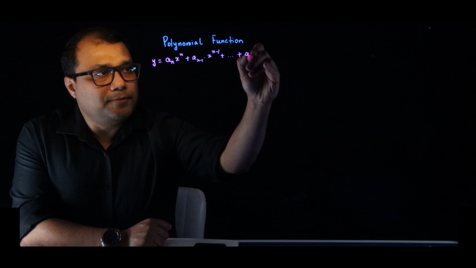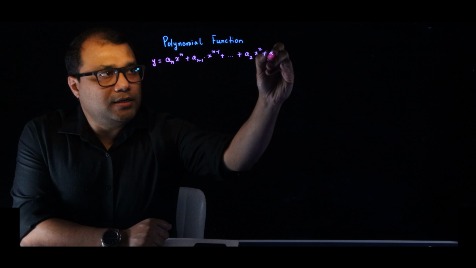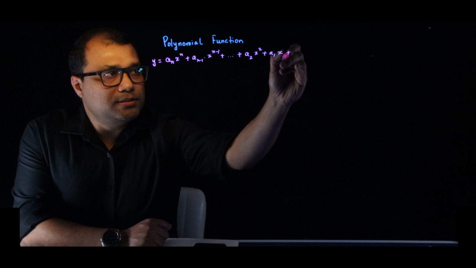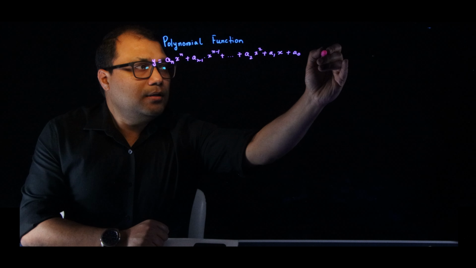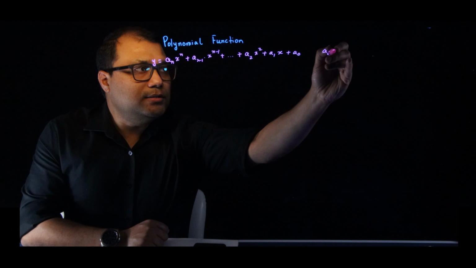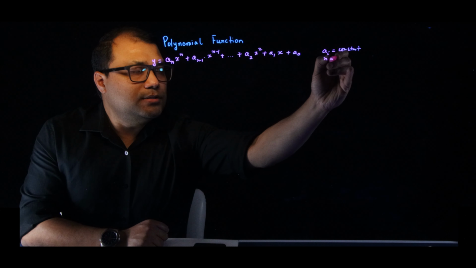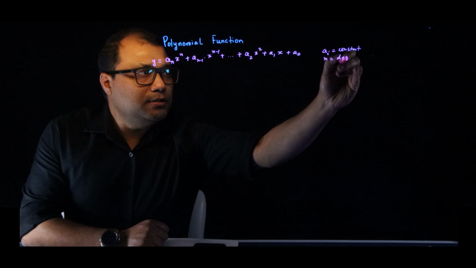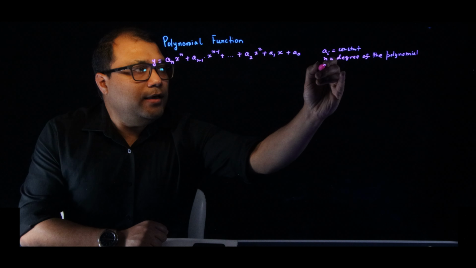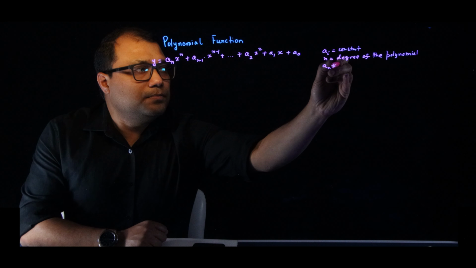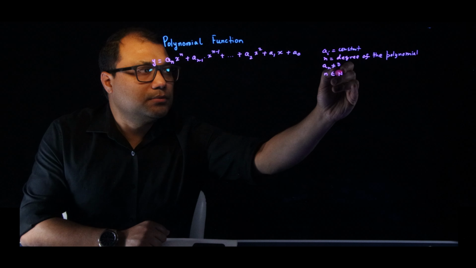Let's say a_2 x squared plus a_1 x plus a_0, okay, where a_i is a constant, n is the degree of the function, a_n is not equal to 0, and n belongs to the set of natural numbers, okay.